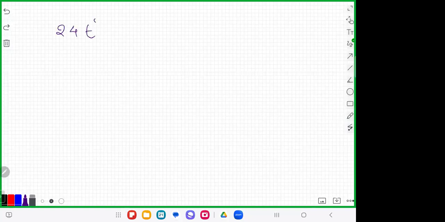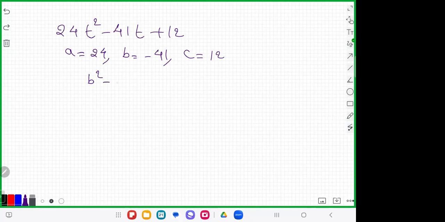24t square minus 41t plus 12. When we compare this with ax square plus bx plus c, a is equal to 24, b is equal to minus 41, and c is equal to 12. First of all, we need to find b square minus 4ac. That is minus 41 whole square minus 4 into 24 into 12.